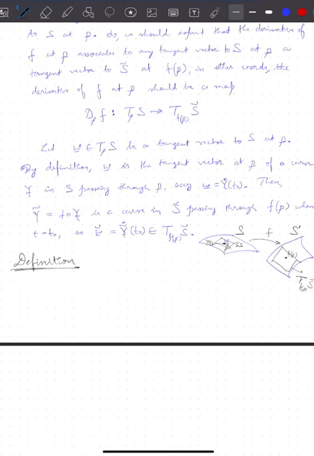Then gamma tilde is equal to f of gamma, and this is where W tilde is. That is what we could define as the mapping geometrically from one surface to another, the derivative of the smooth map between these two surfaces, right?